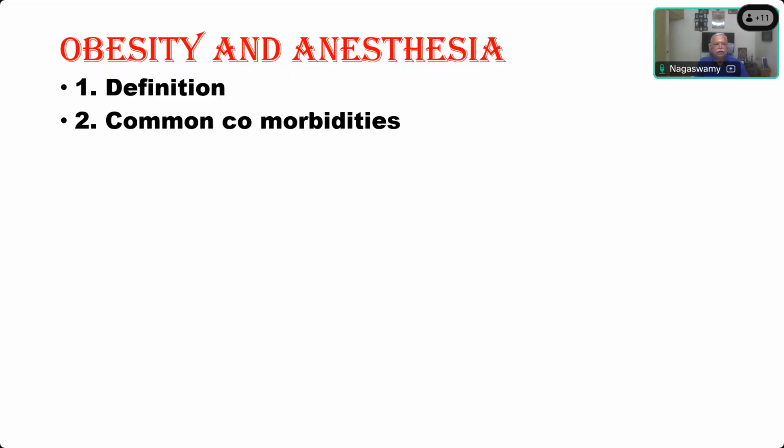Very good. What are the common comorbidities these patients have? Diabetes, hypertension. Why do they become diabetic? Fat deposition in the pancreas, which results in decreased insulin secretion, and they are in an inflammatory state, which results in insulin resistance.